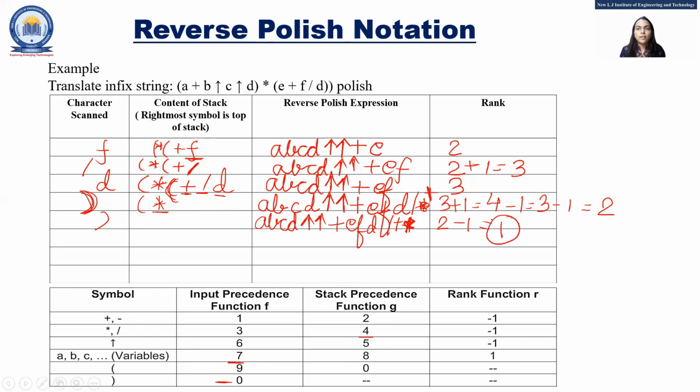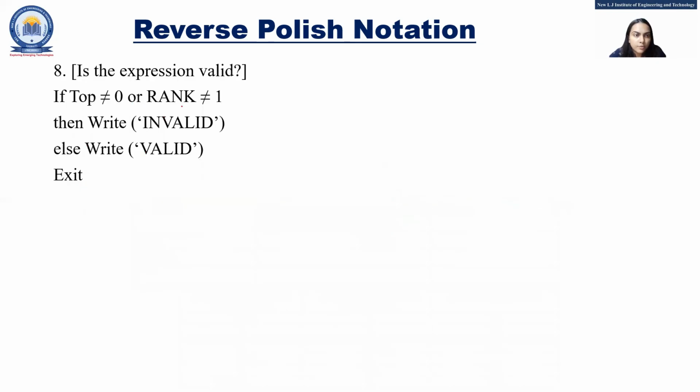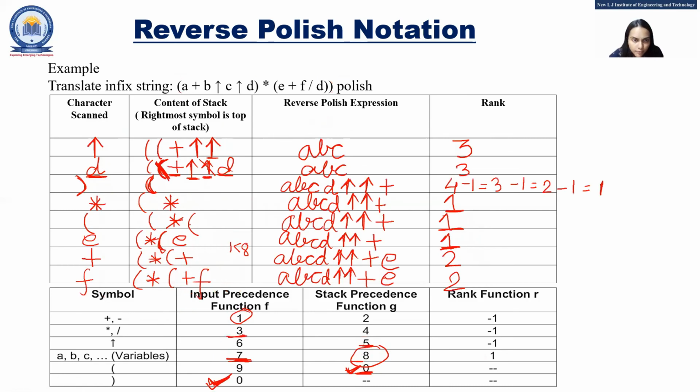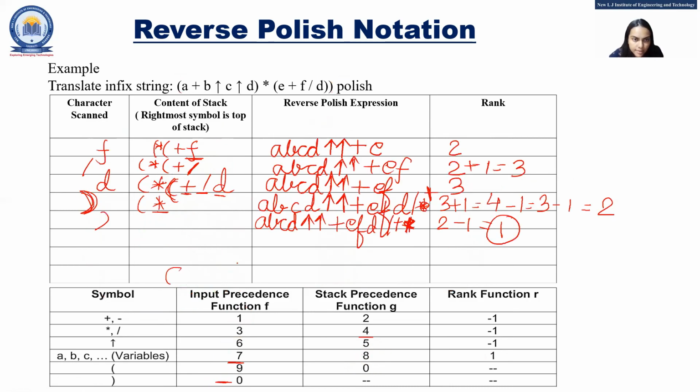So we have got the rank 1, so our postfix is correct because rank is 1. That means if top is equal to 0 and rank is equal to 1, it is valid. So our rank is equal to 1 and top is also, we have initialized it to 1. So our string is valid and this is our final string A, B, C, D exponential, exponential plus E, F, D slash plus star.